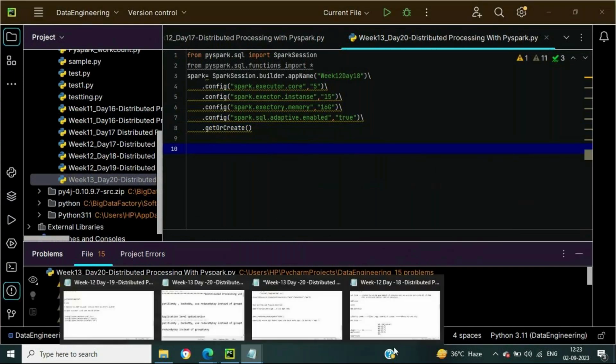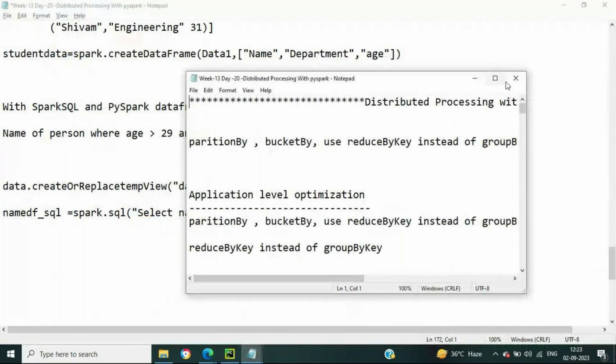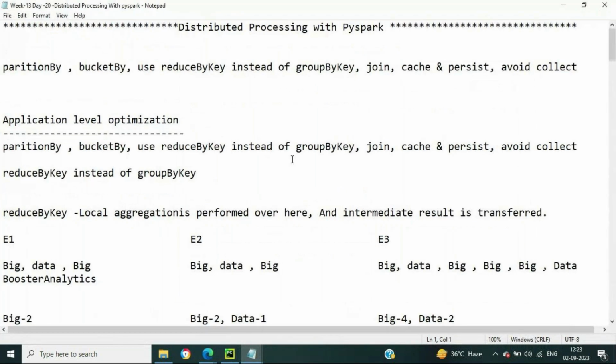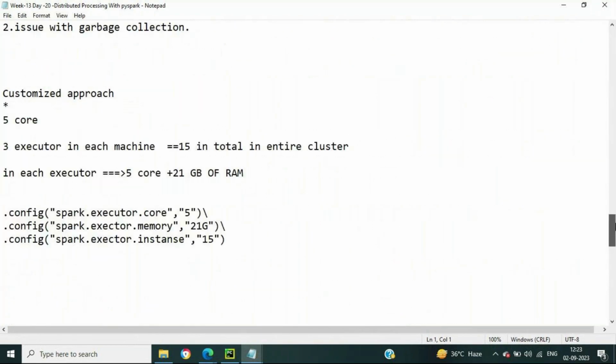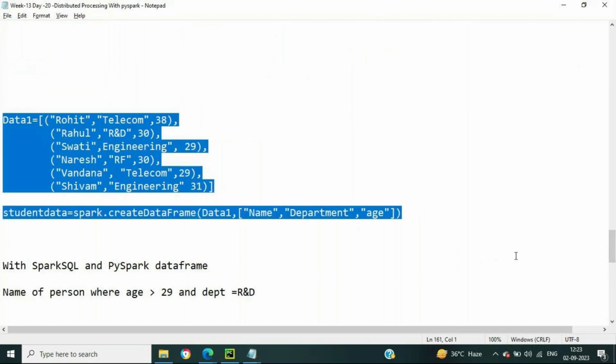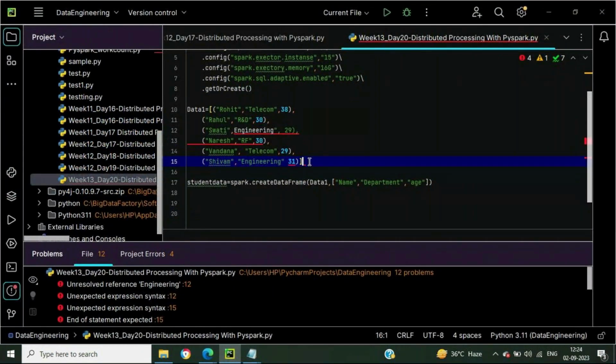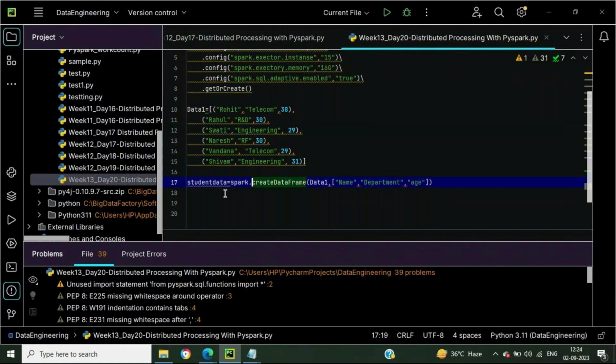Now we are having this data. So what is the issue? Engineering. Student data dot show.